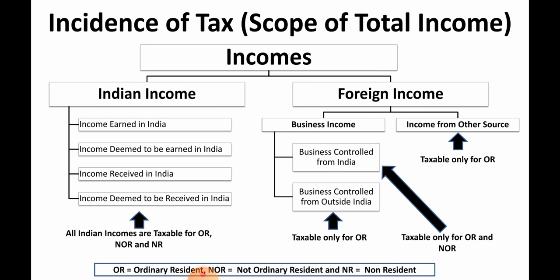First, it will depend upon the nature of income. Either it is an Indian income or foreign income. So, Indian income simply means there are 4 points which we have written under the head Indian income. Income earned in India, income deemed to be earned in India, income received in India, income deemed to be received in India.